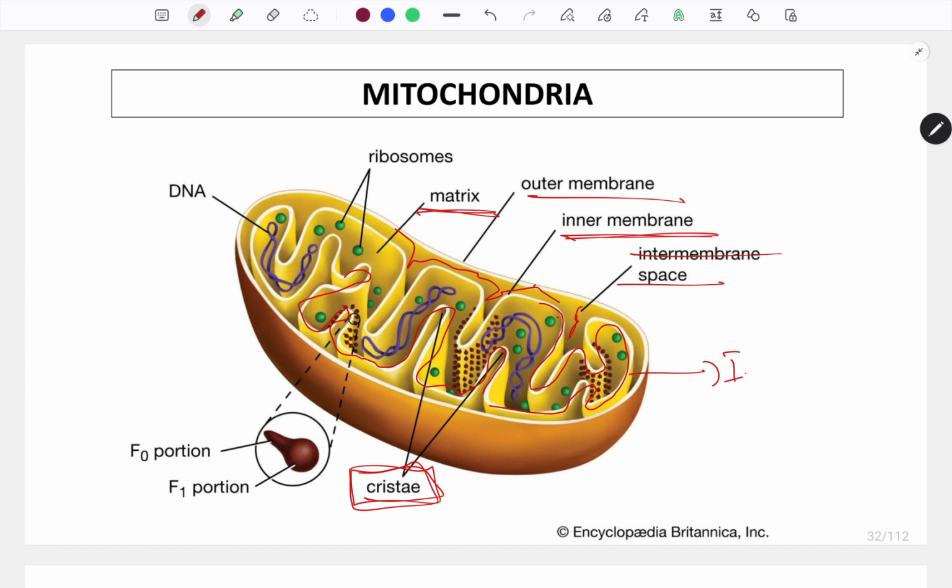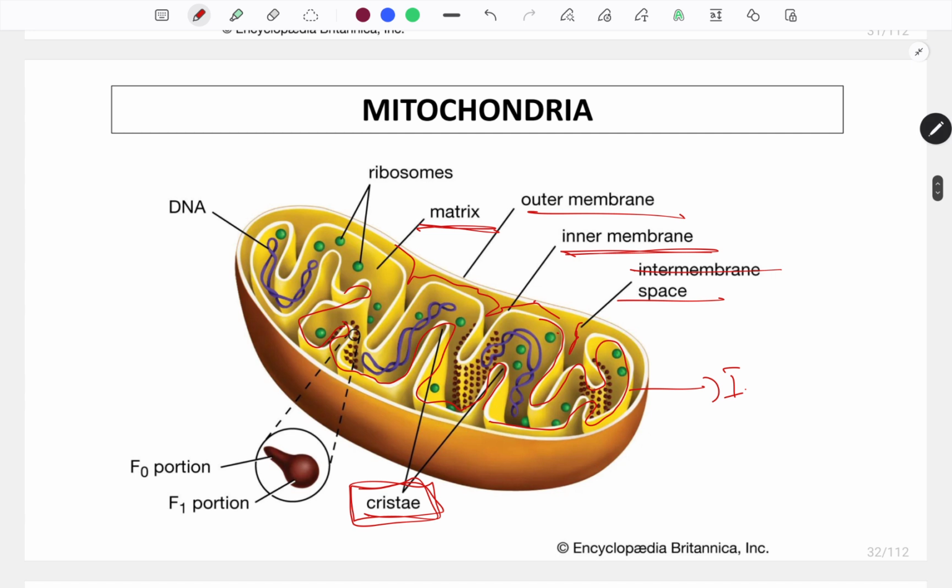And as we discussed before, inside the inner membrane there is also DNA. In one particular eukaryotic cell, not only one mitochondria, many mitochondria will be present, and each individual mitochondria has its own DNA, and ribosomes, that is 70S type of ribosomes, present inside this mitochondria.